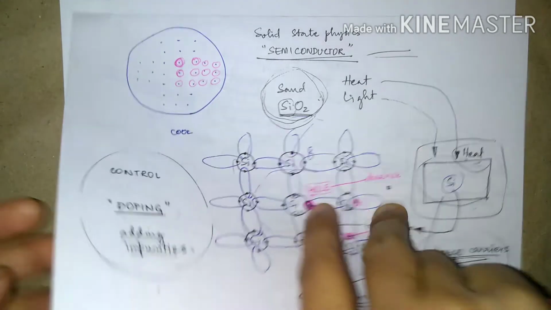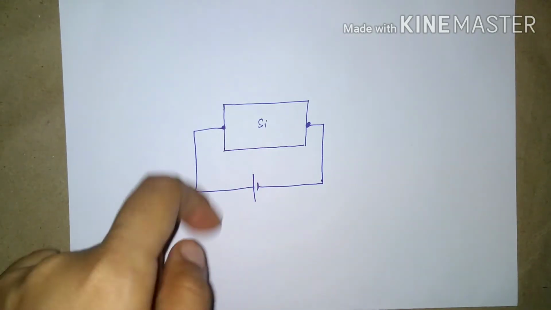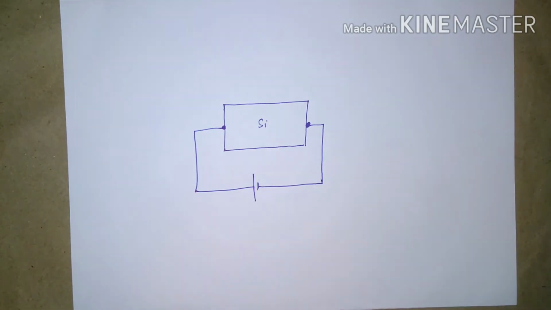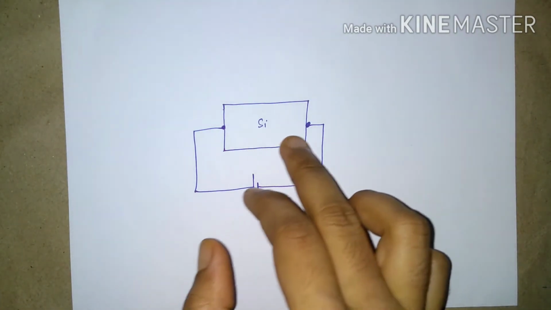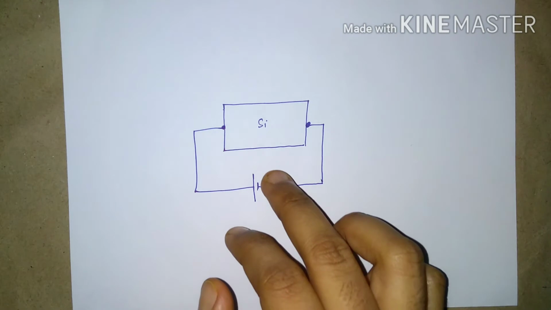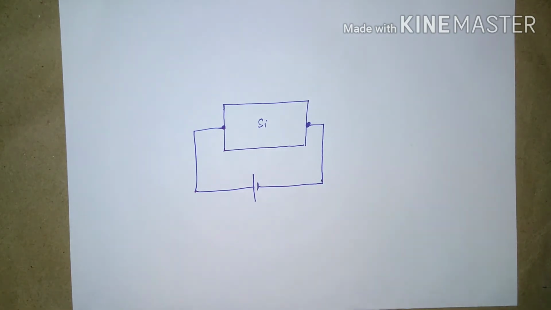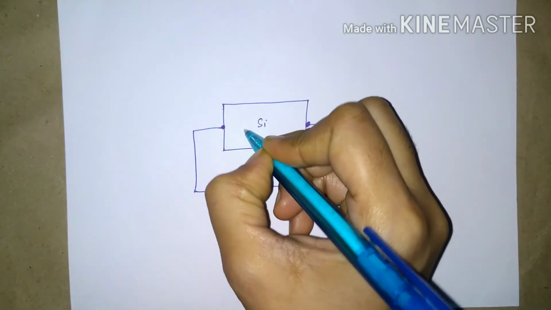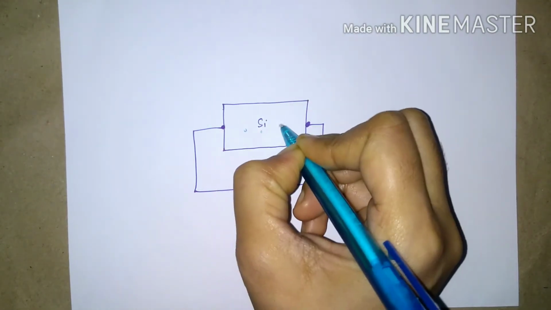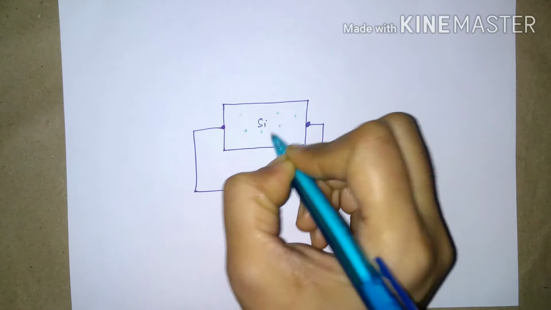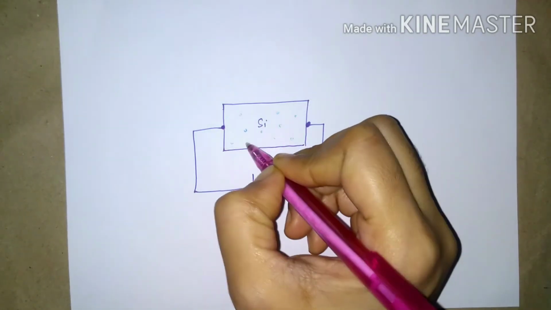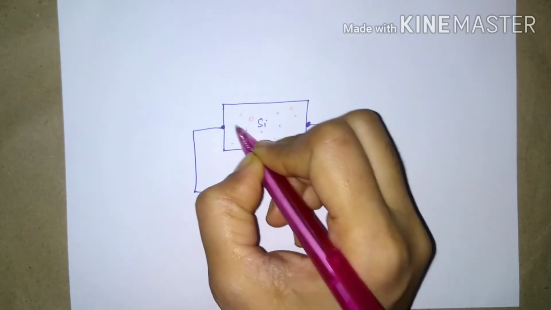So in pure silicon, whenever the temperature around it is raised, it gains energy and creates free electrons and holes. Let me indicate electrons using this color, and holes using this color.